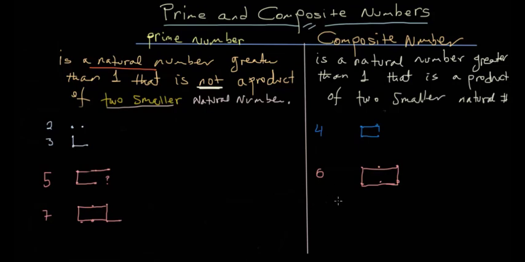Let's take 8. We have 1, 2, 3, 4, 1, 2, 3, 4. If you connect the points, it makes a complete rectangle. So you can visualize prime numbers and composite numbers from a geometrical perspective.